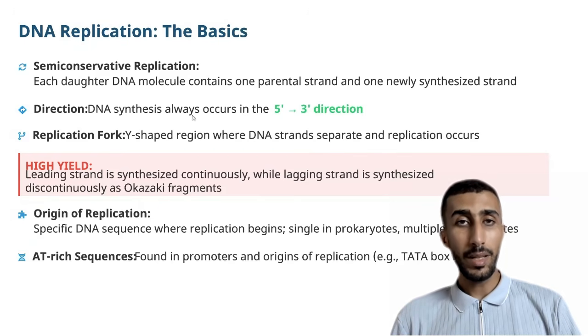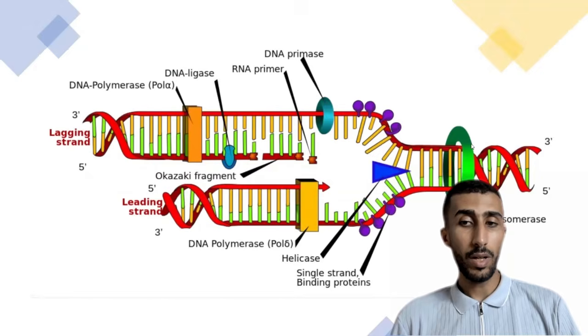Next is the direction. DNA synthesis occurs in the 5' to 3' direction. So we have two strands, one running from 5' to 3', and the complementary strand running from 3' to 5'. The chain of events starts with the enzyme topoisomerase, which breaks the outer bonds to make our strands smooth, for the helicase enzyme to cut it into two halves, two separate parent strands. Then we have the single-stranded binding proteins.